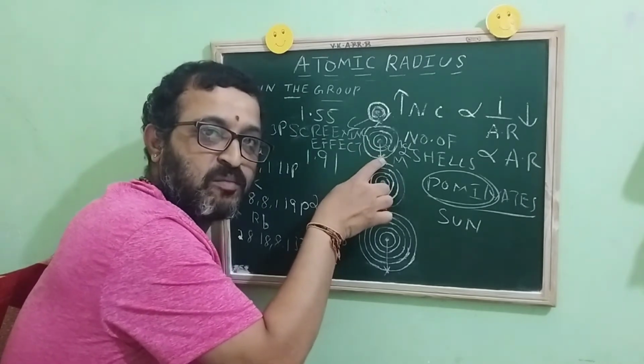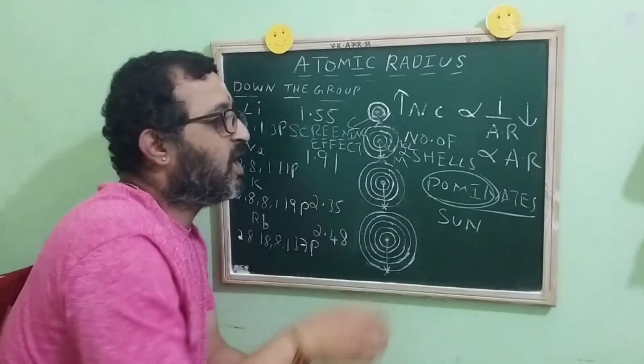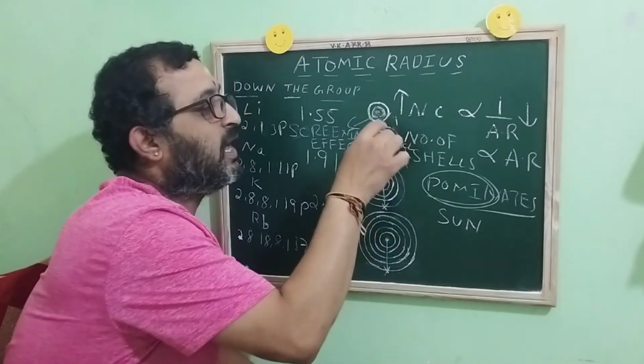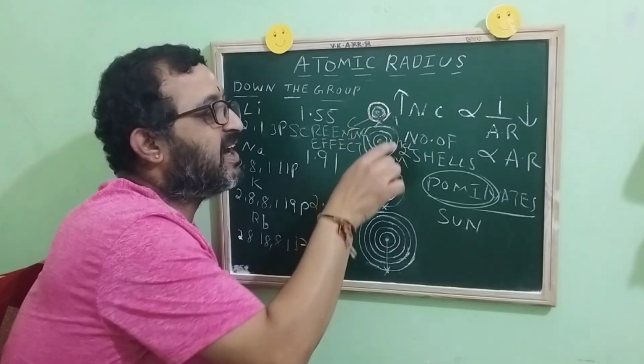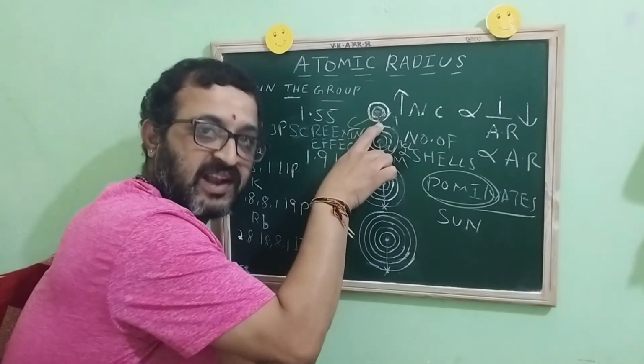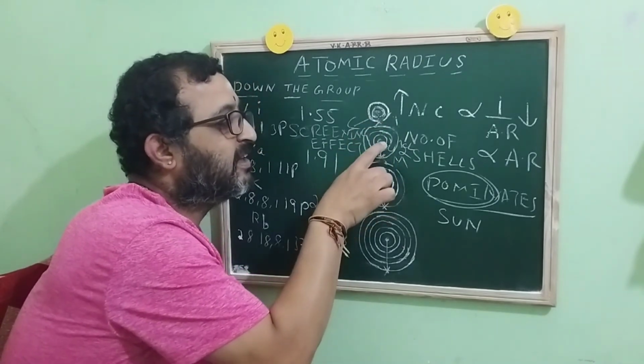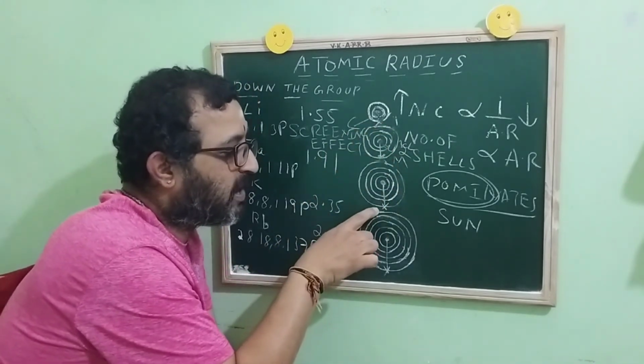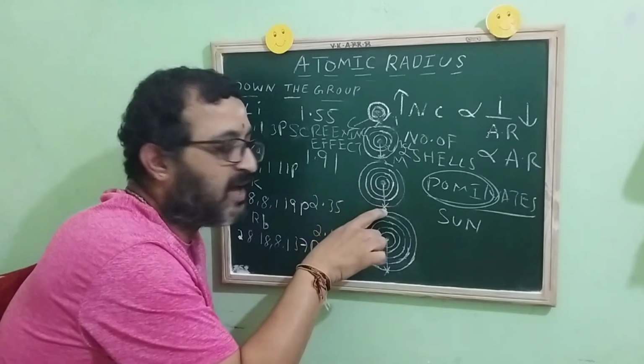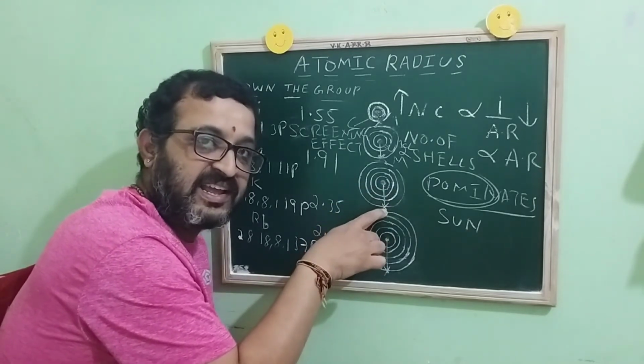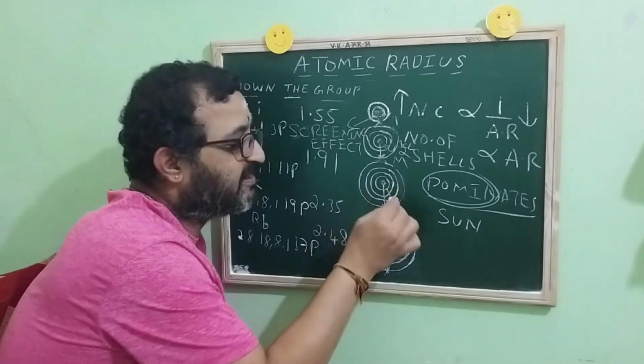The electrons of the outermost shell? Yes, definitely. Now, in this case, only one screen was there between nucleus and outermost electron. Here we have how many screens? Two screens.